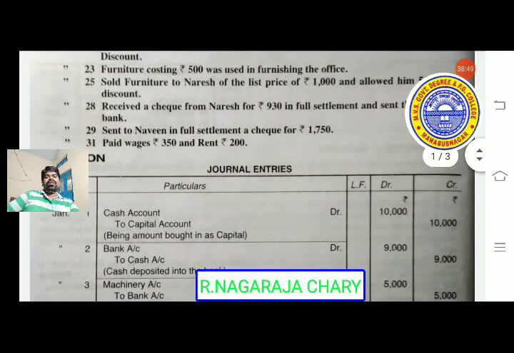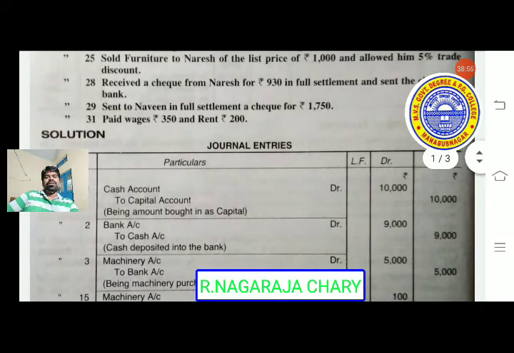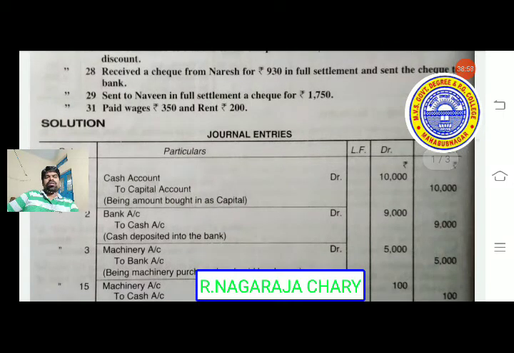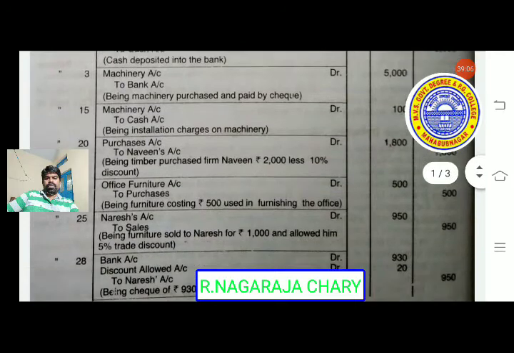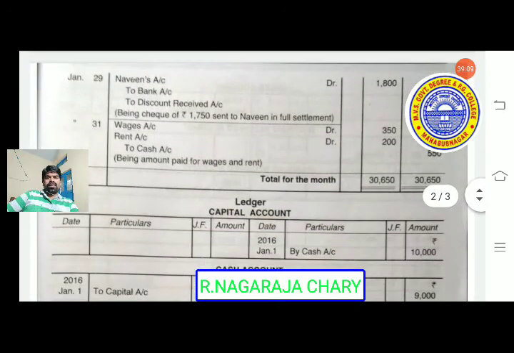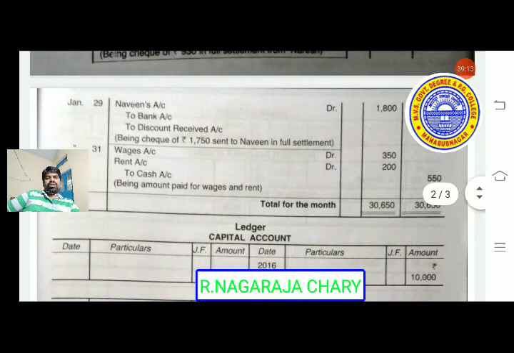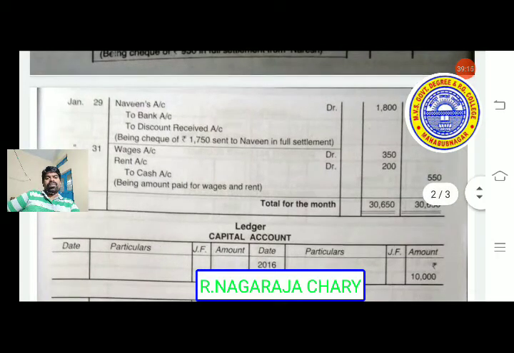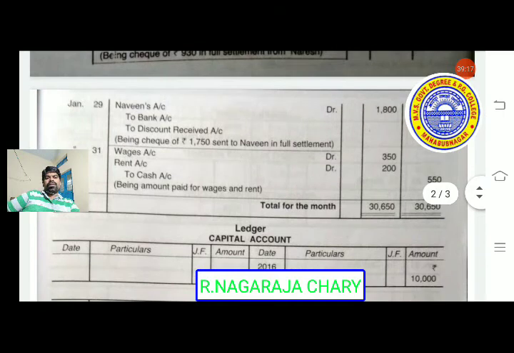Next, paid wages 350 and rent 200 rupees. These two transactions are expenses, recorded under the nominal account principle. So wages account debit, rent account debit to cash account: 350, 200 and 550. This is known as composite entry.